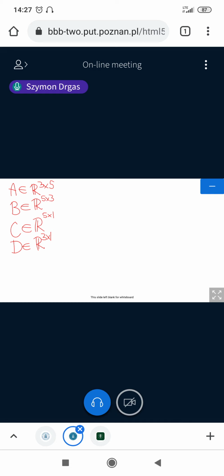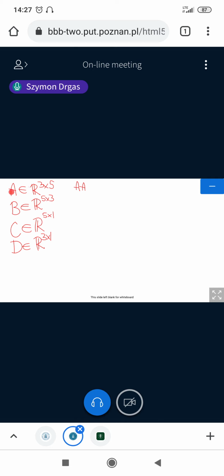what the results are. So we can think of multiplication of A times A, and this one is not allowed because we would have 3 times 5 times 3 times 5, so it is not possible to multiply it.